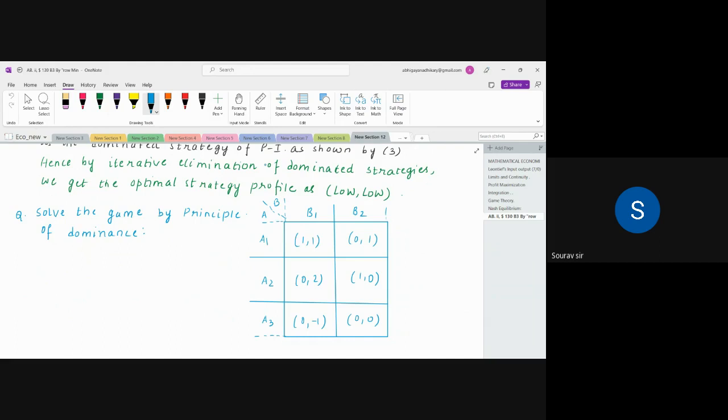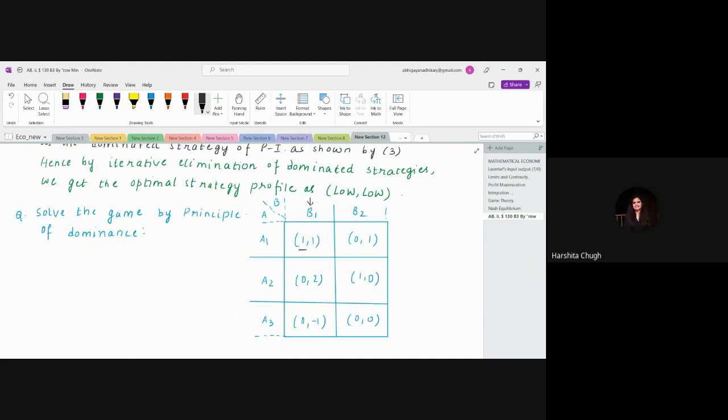So can someone please tell me how do we start this? How will we do it? So first fix the strategy of player B as B1 and see what A will choose. A will choose A1.